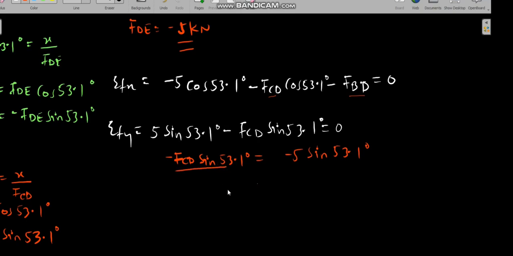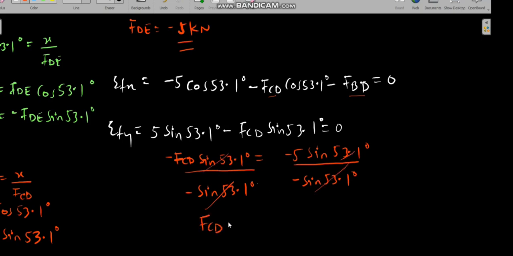So I can cancel out the minus sine of 53.1, divided by minus sine of 53.1 degrees. This will cancel out, and then we get FCD equal to 5 kilonewton.